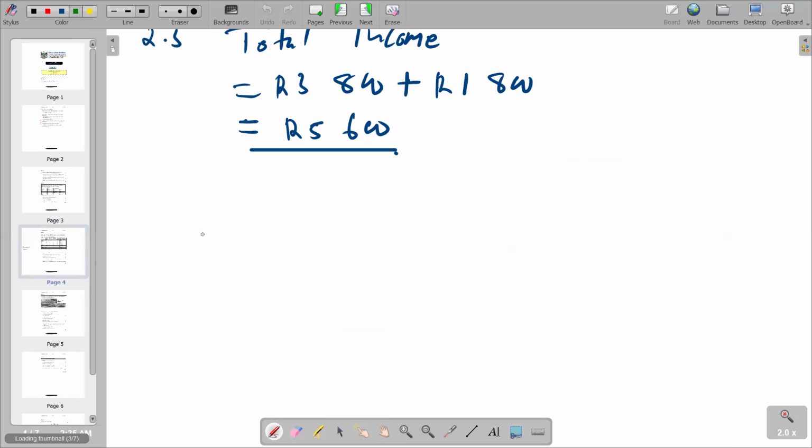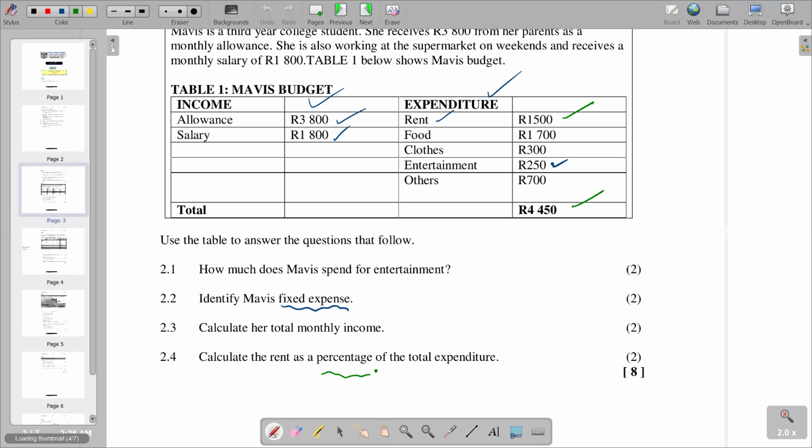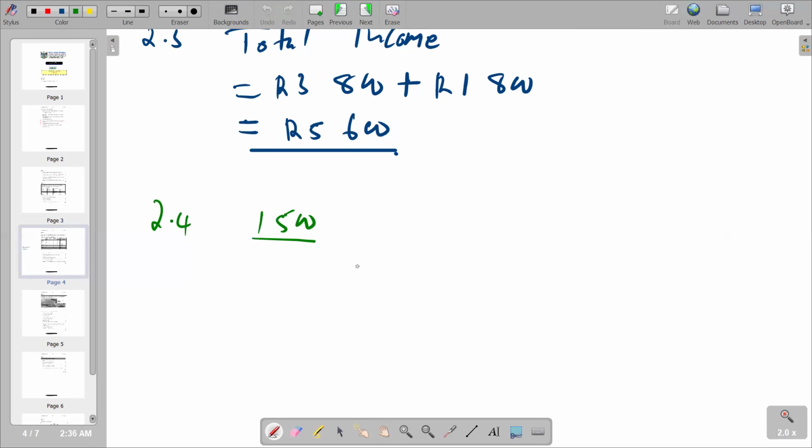So here, it becomes our 2.4, whereby we are saying 1,500, we divide by the total, which we are given as 4,450. Then we multiply by 100 over 1, remember, the 100 over 1 is indicating the 100%.